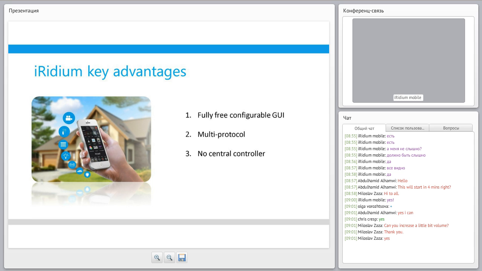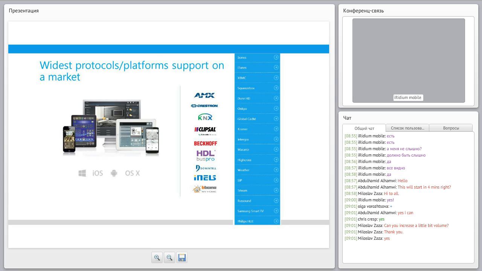So once we start using Fibaro, we have two controllers, one Fibaro, another one from this system, and maybe more. iRidium does not need a central controller. So it can be used with a central controller, but it can have no central controller and be used as an app. So iRidium is an application and software solution. So these are three key advantages.